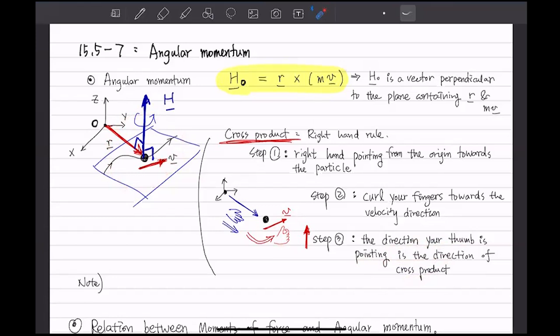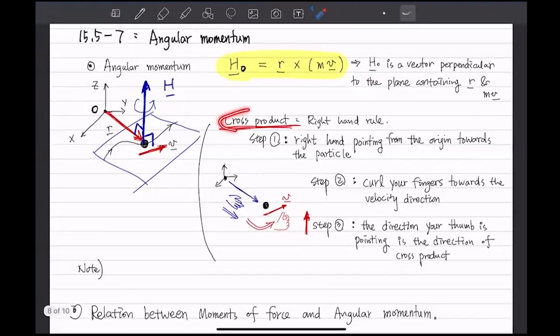So this is your right-hand rule, and it is going to be used very often from now on when we talk about angular things that are rotating. Make sure that you know how to find the vectors that come from the cross product.